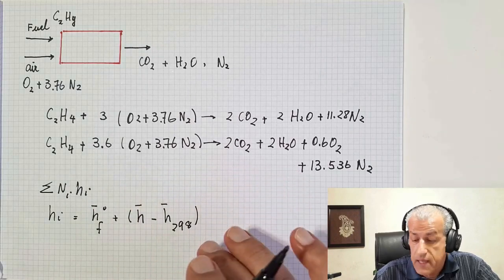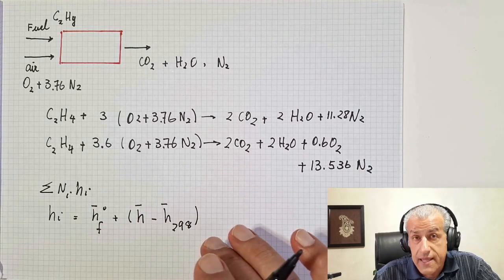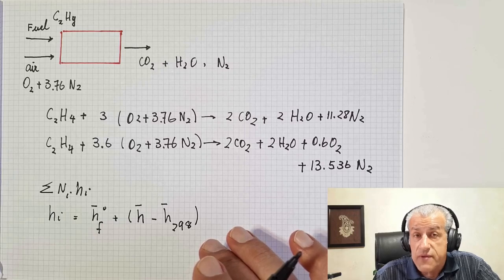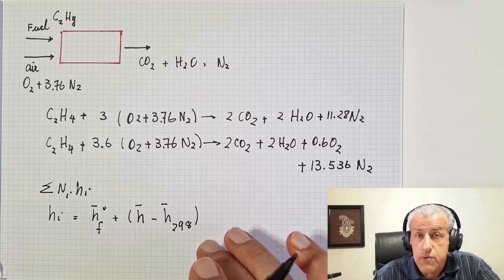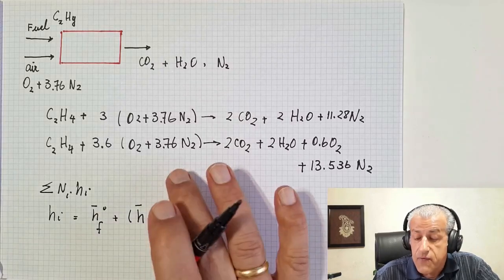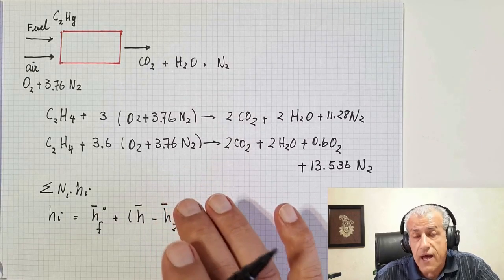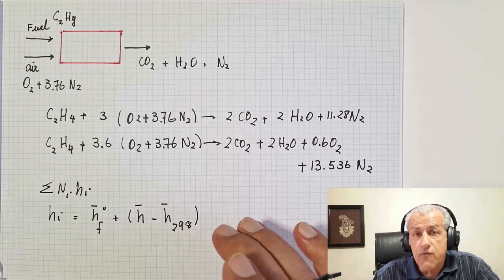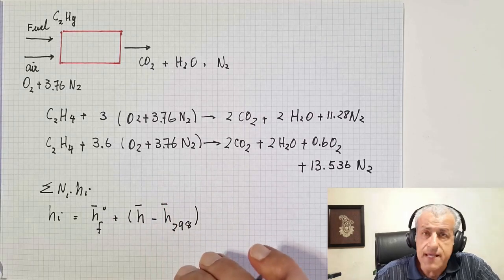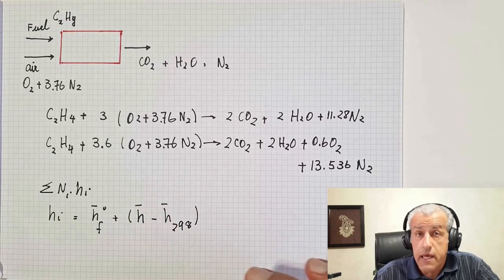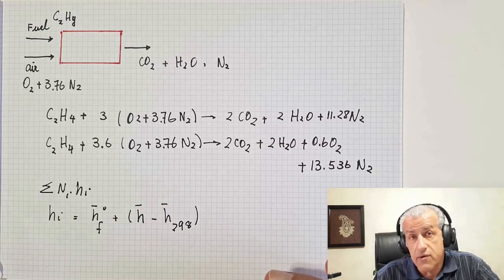I mean, the difference between the enthalpy of CO2 from 0 to 298 would be different to that difference for N2. So we have to have the same basis for all of them, and that basis is selected to be 298 Kelvin, 25 degrees C.